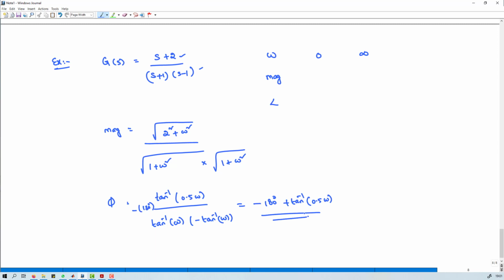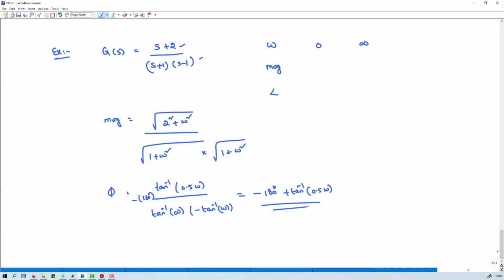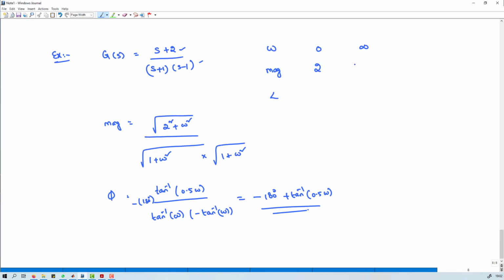Now we will see this much more clearly in one more step. I will take one more example for understanding, if you have any confusion about the use of the minus symbol. We will find both the magnitude and angle.